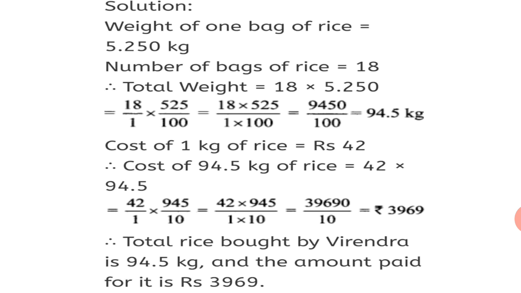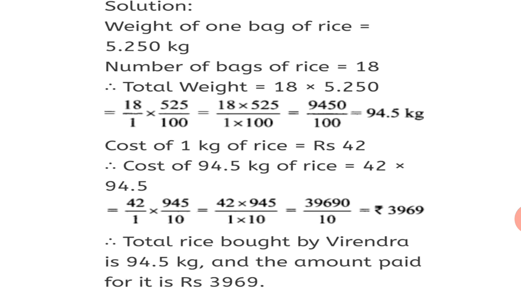Okay, it will be 5250 upon 1000, 10 gets cut and you get 525 upon 100 is equal to 18 into 525 upon 1 into 100 is equal to 9450 upon 100.